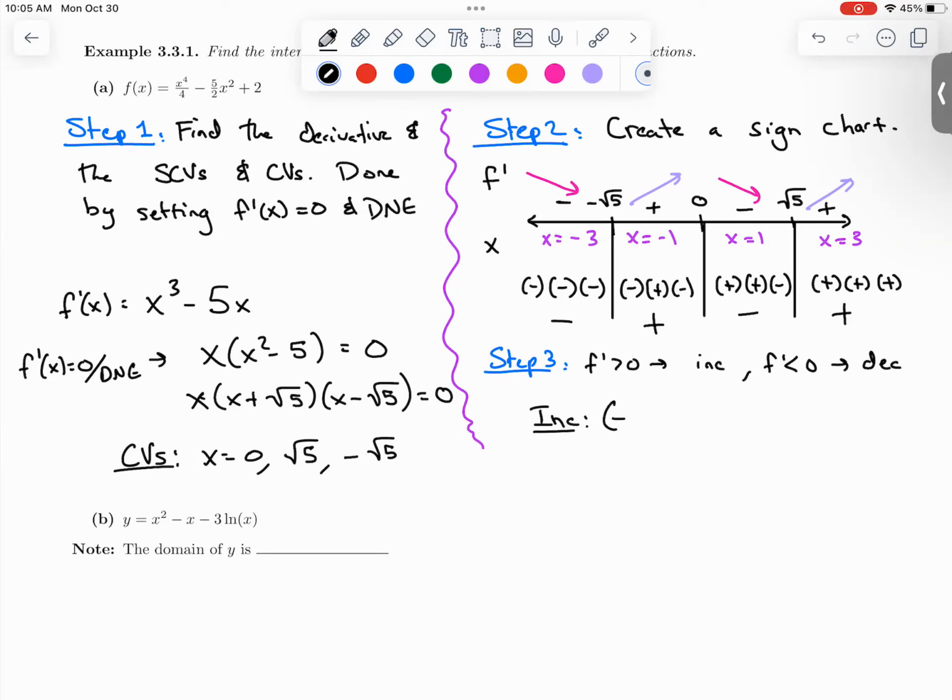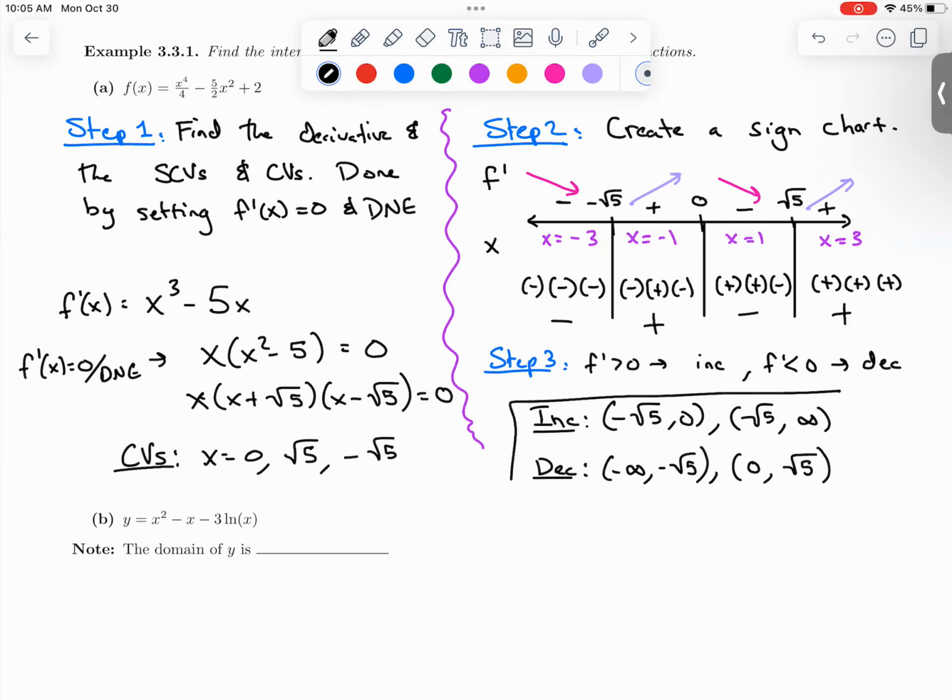It's increasing on negative square root 5 to 0 and square root 5 to infinity. And it's decreasing on negative infinity to negative square root 5 and from 0 to positive square root 5. Well, that's it. That's the answer.